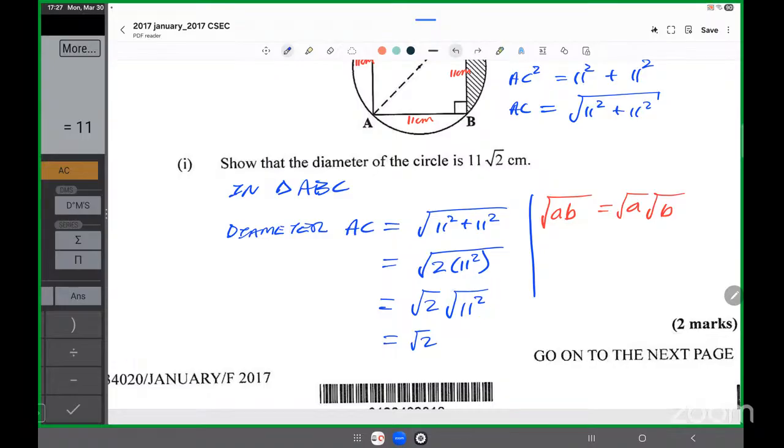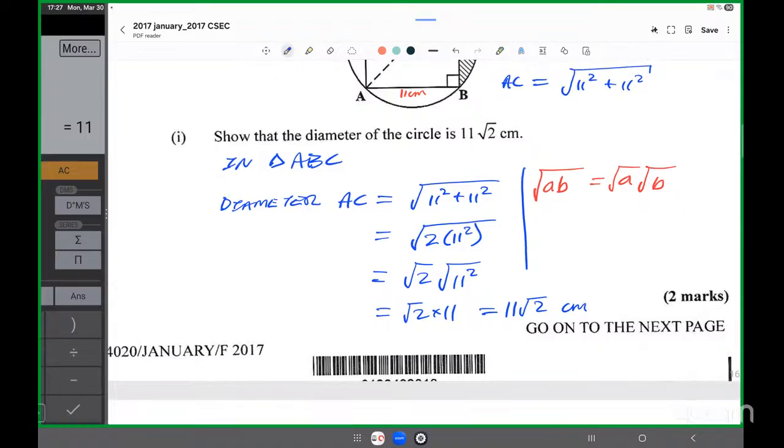Square root of 11 squared becomes 11. Square root of 2 times 11 is the same as 11 times the square root of 2. I just switch them around. Right, and that is in centimeters. That's it. Good? All right, next question.